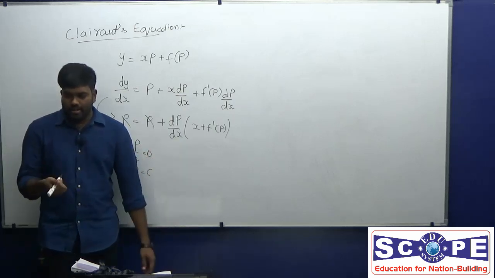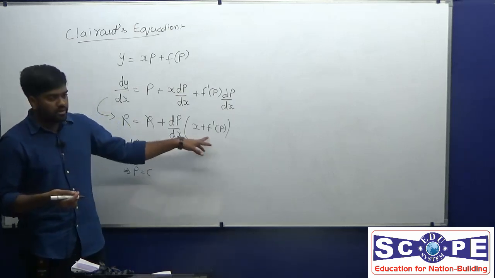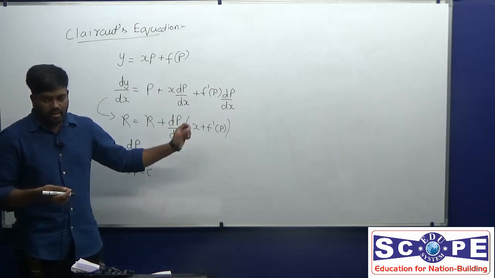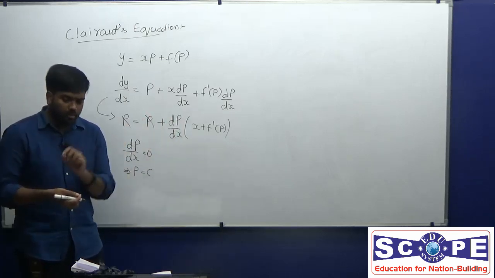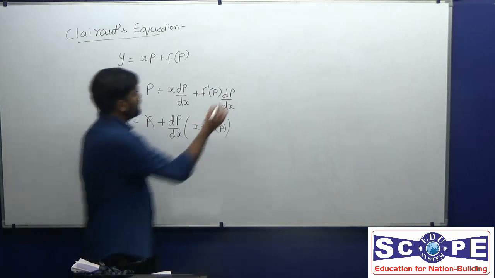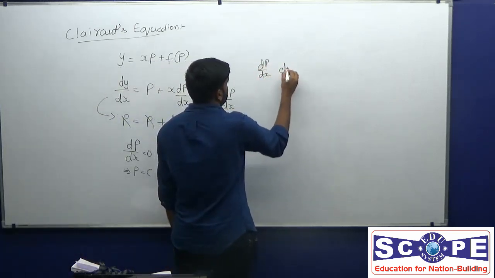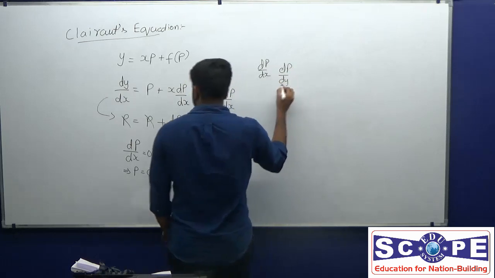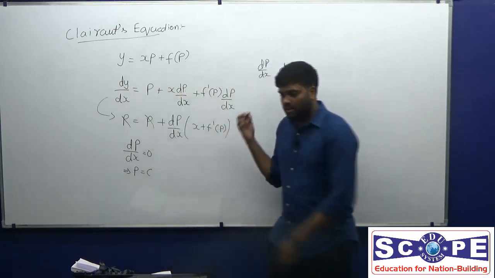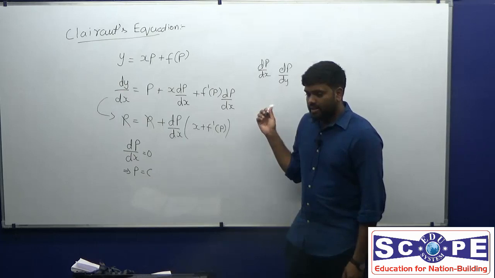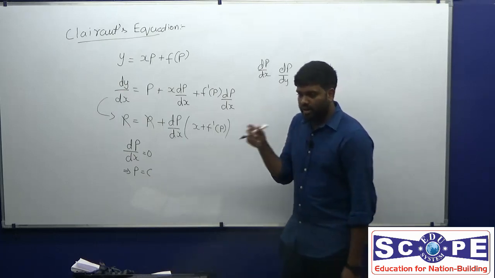In method 1 we already discussed that if you don't have any dp by dx or dp by dy in that factor, just like in this one. If you recall, I think in one problem we have got two factors.